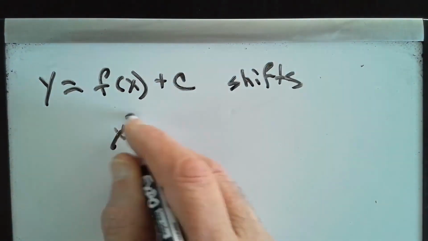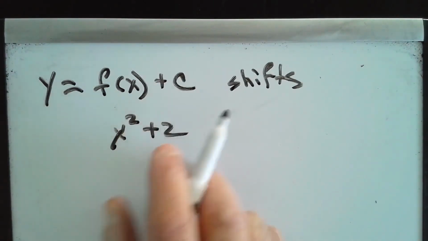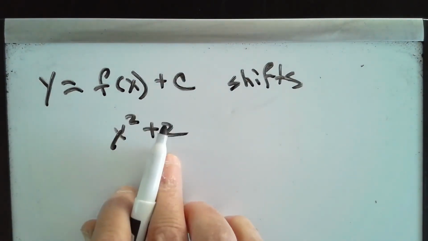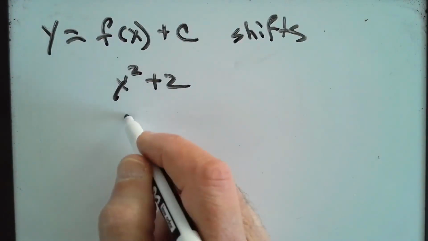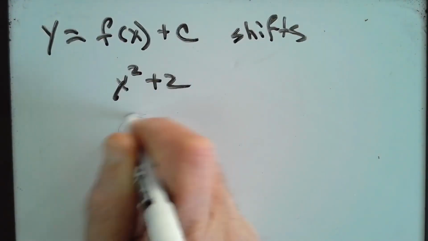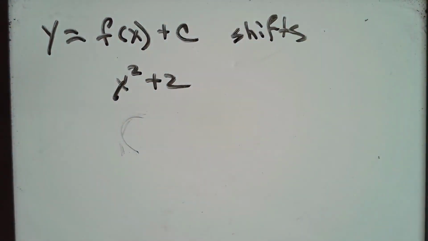Like if we had x squared plus 2, which way is that going to shift? Well, then what does this do?